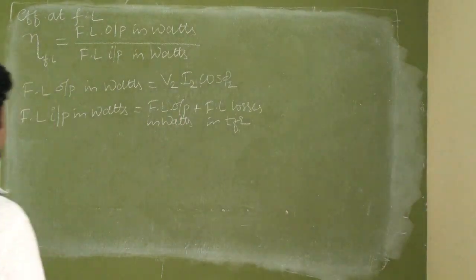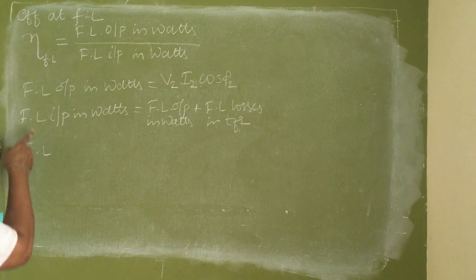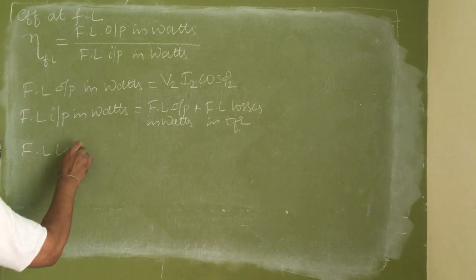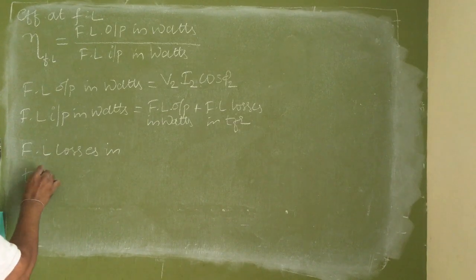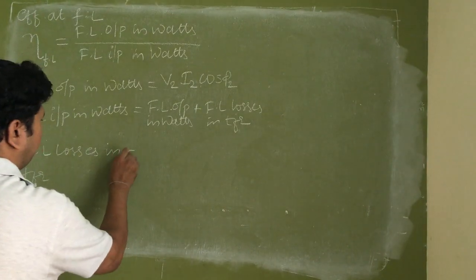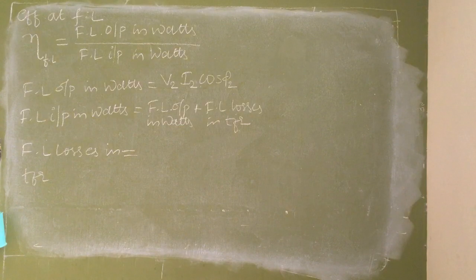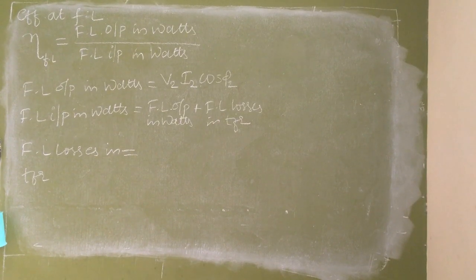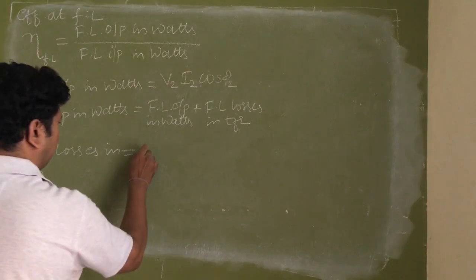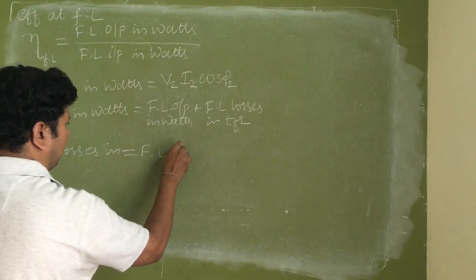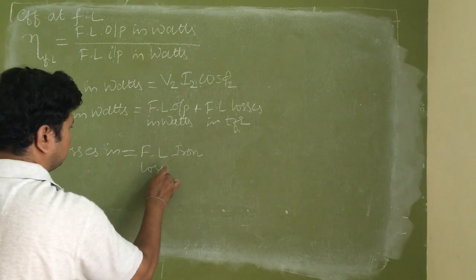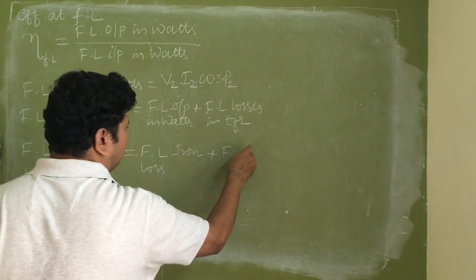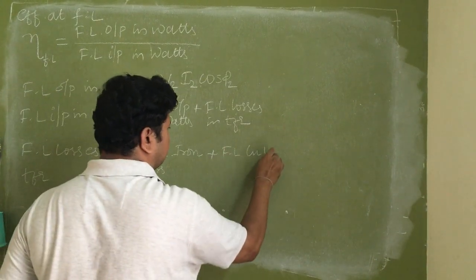Now what is full load loss in transformer? FL is full load. Full load losses in transformer is equal to, we have two types of losses, full load iron loss and copper loss. Okay, so I will write full load iron loss or core loss plus full load copper loss.